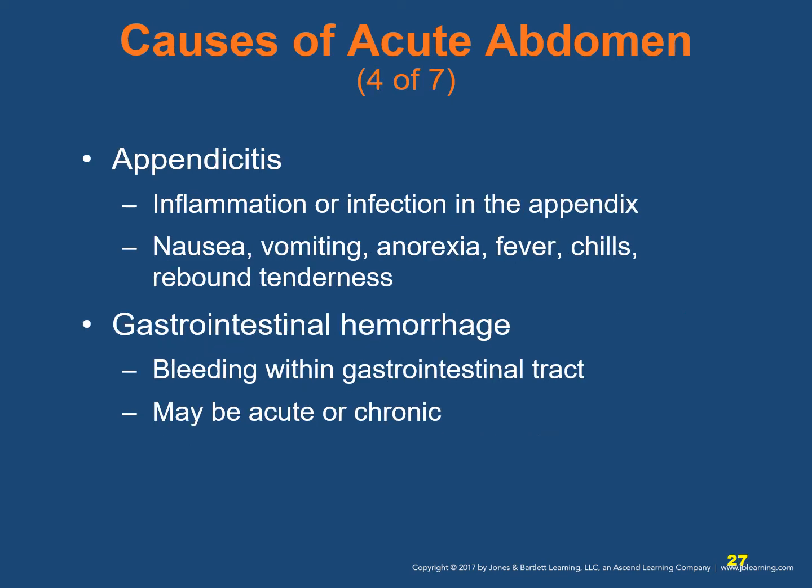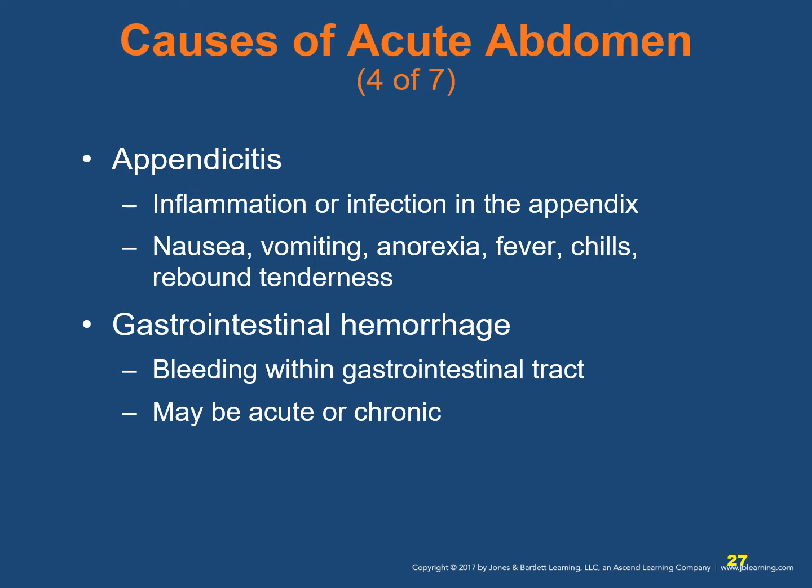Appendicitis is an inflammation or infection of the appendix and can cause tissues to die, causing an abscess, peritonitis, or shock. The pain is initially more generalized, dull, and diffuse, and may center in the umbilical area. Pain later localizes to the right lower quadrant as it escalates.